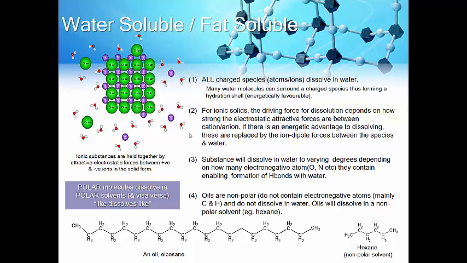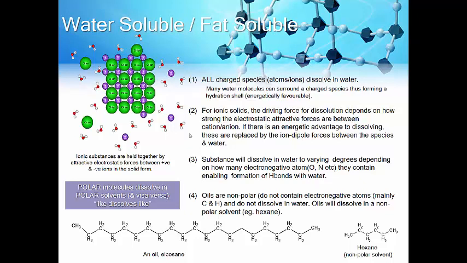You can look at the ratio of oxygens, nitrogens, sulfurs, chlorines in the compound and compare them to your non-electronegative atoms such as carbon and hydrogen. The more electronegative atoms you have for every non-electronegative atom, generally the more polar it would be. We've got some examples of this in our tutorial sheet that we'll work through.